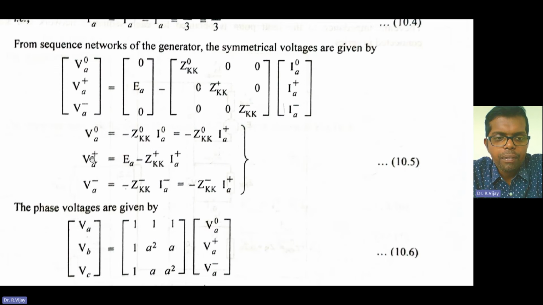Next, VA positive is equal to EA minus ZKK positive into IA positive. Next, VA negative is equal to minus ZKK negative into IA negative, that is nothing but minus ZKK negative into IA positive, since we are rewriting IA negative as IA positive. So all terms we are rewriting in terms of IA positive.